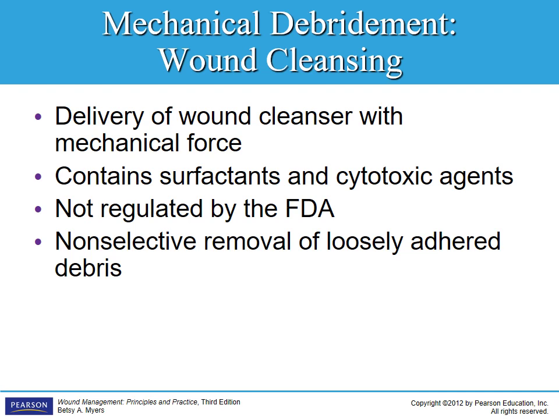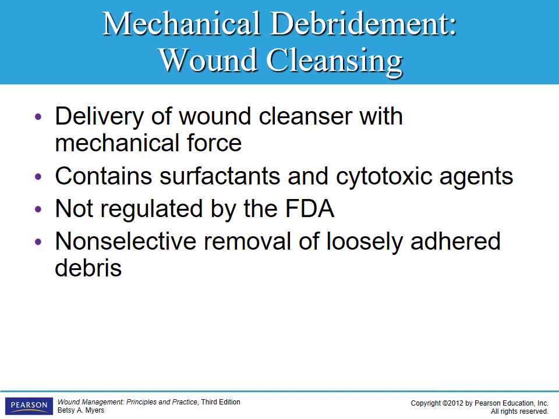Another type of mechanical debridement is using a wound cleanser. There are many different types of wound cleansers. Basically it comes in a spray bottle, and it contains surfactants and cytotoxic agents. These wound cleansers are not regulated by the FDA.